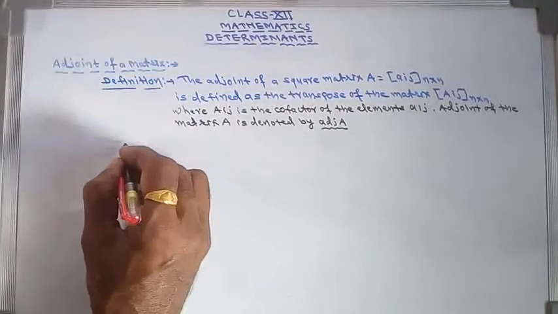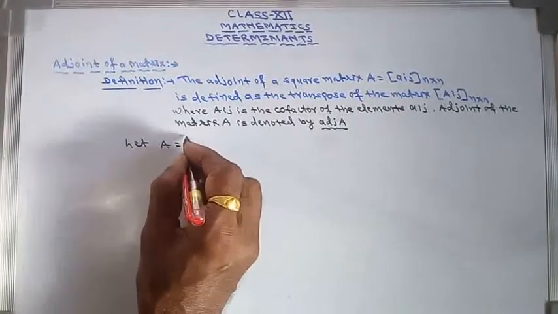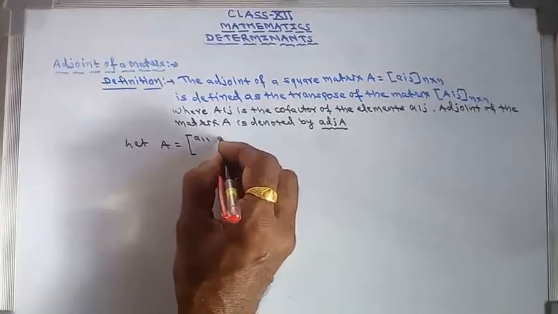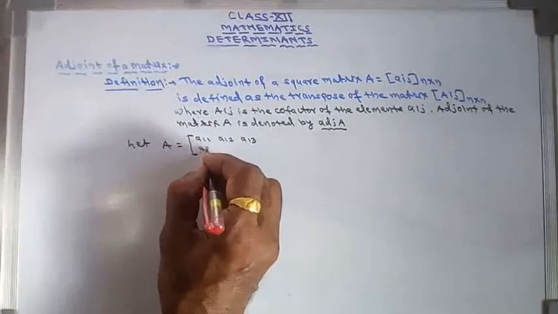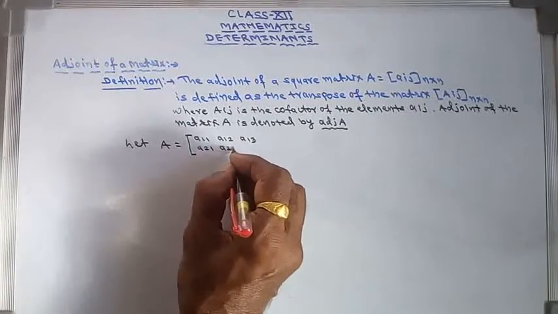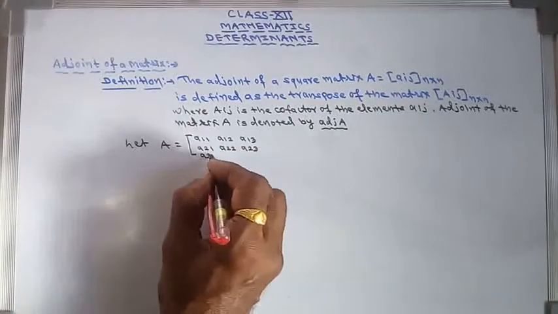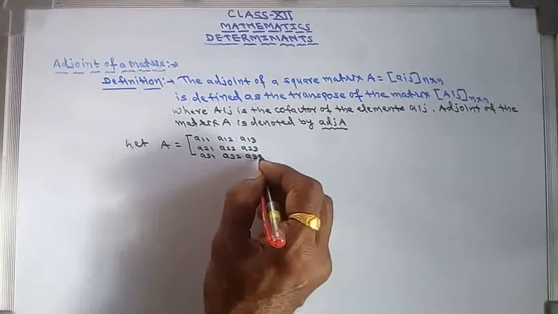So let us see. Let we have a matrix A equals to, suppose, A11, A12, A13, A21, A22, A23, A31, A32 and A33.